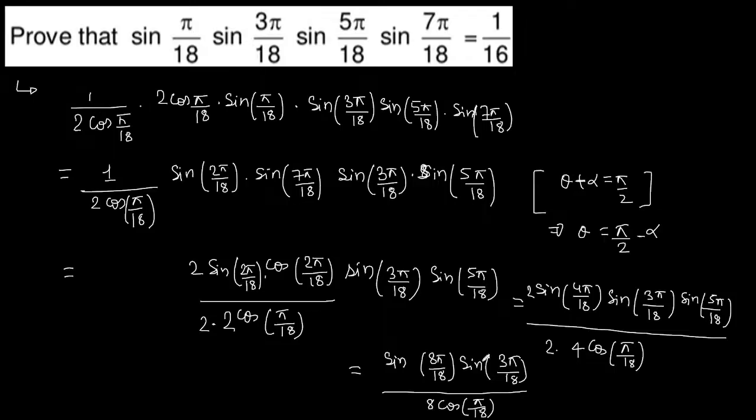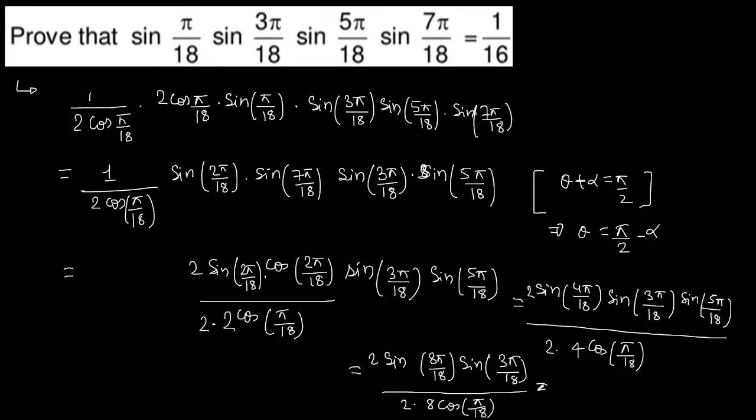8 pi by 18. So this 3 pi by 18 is not going to be used anywhere. Wait, let's see. If we multiply with 2, divide with 2, this is 8 pi by 18 plus 5 pi by 18.